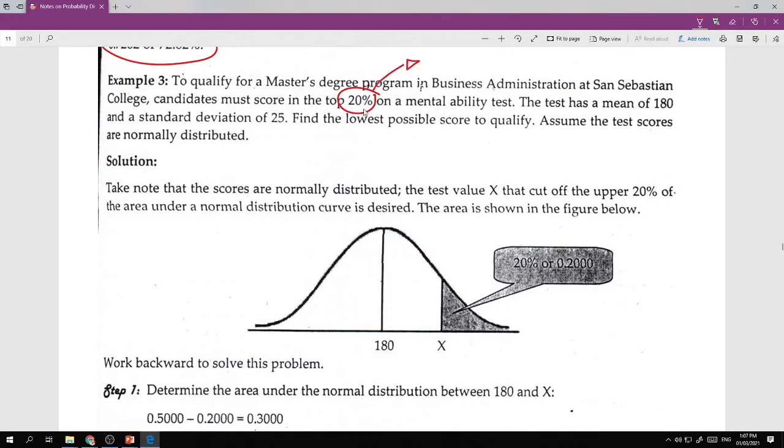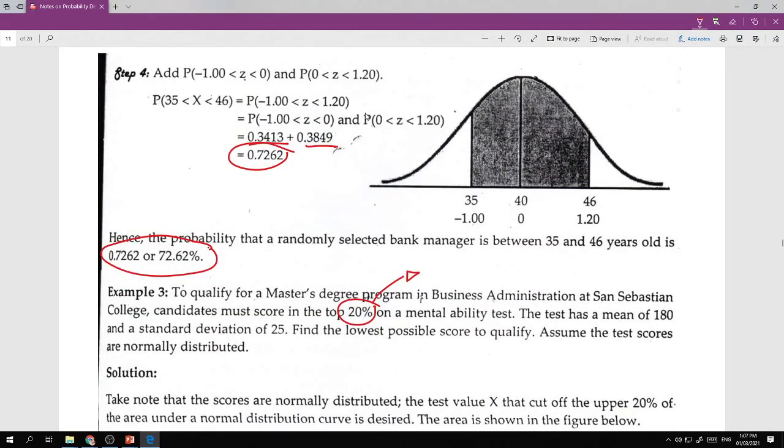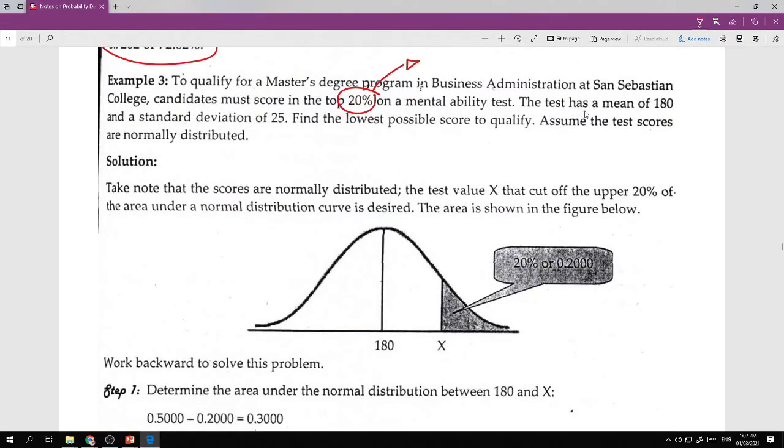Unsa man ning 20% dire? Unsa man tong mga answers nato nga percent?